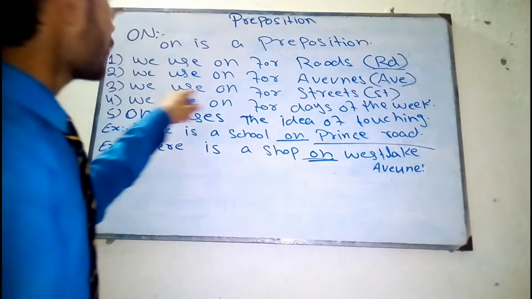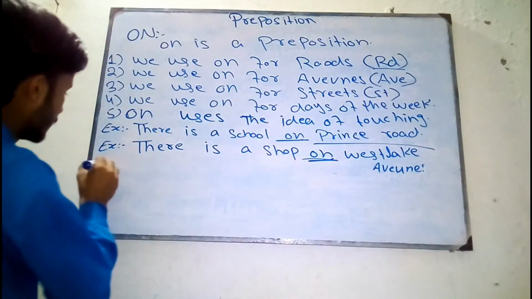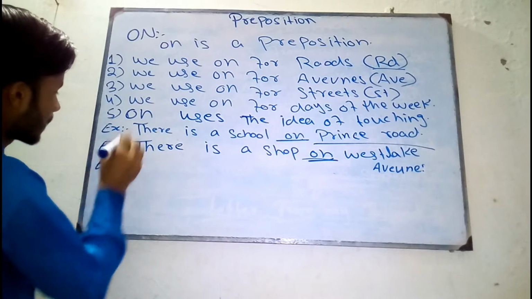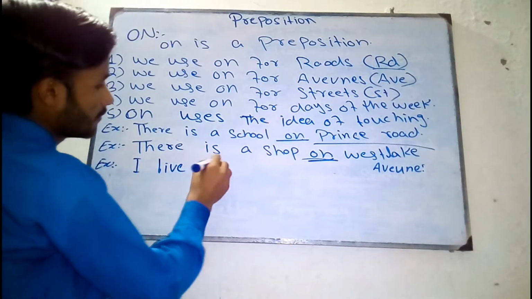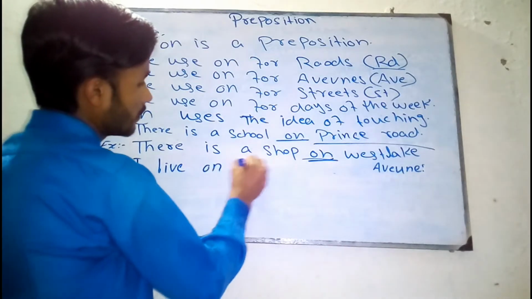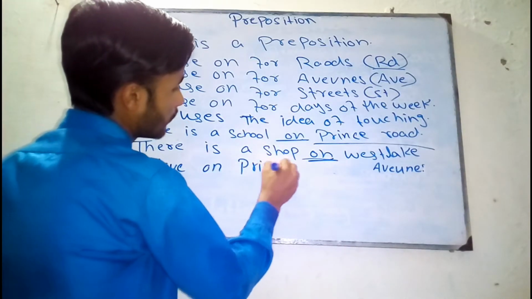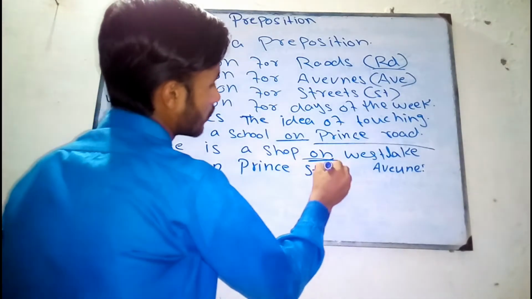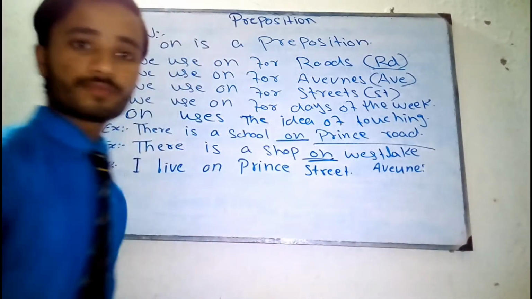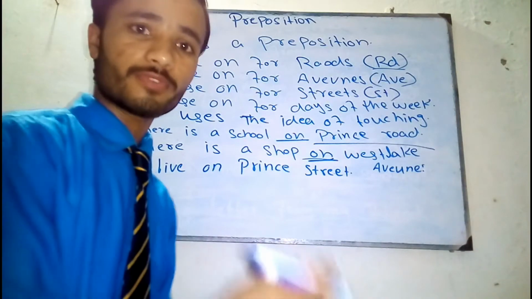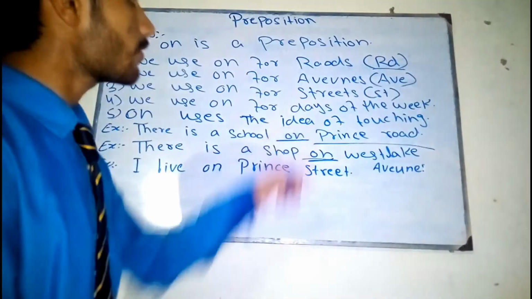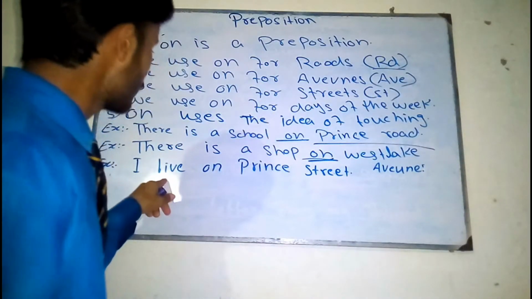So now, an example for street. See, I live on Prince Street. I am talking about a street. I told you that whenever we are talking about a street, then we use "on".